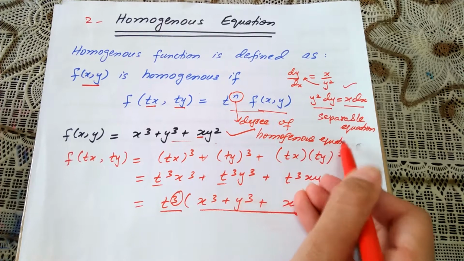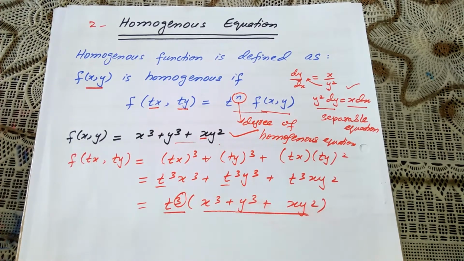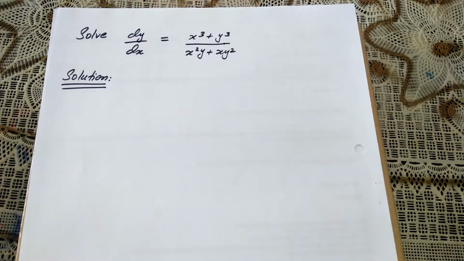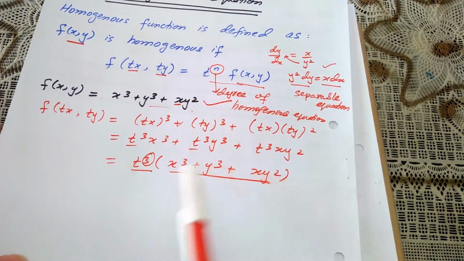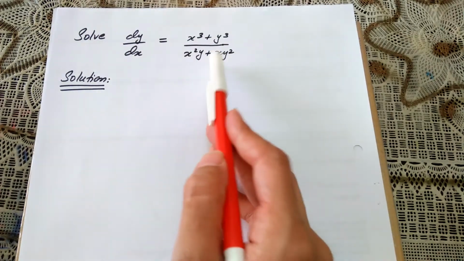Now I think you know very well how to figure out whether your given function is homogeneous or not. So let's move on to the example of solving an ordinary differential equation that is homogeneous in nature. Homogeneous also means that the degree must be the same throughout the function. If you don't want to follow this lengthy method, you can directly figure it out from your equation.